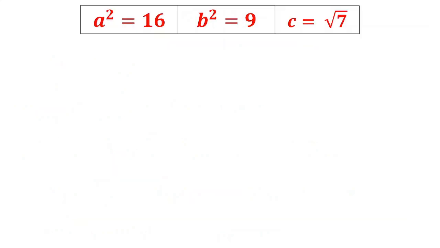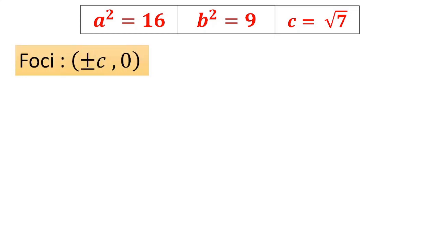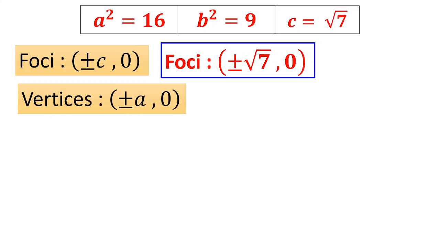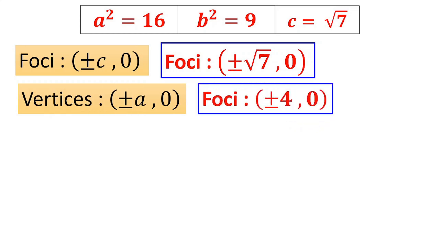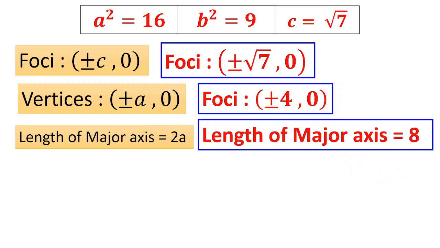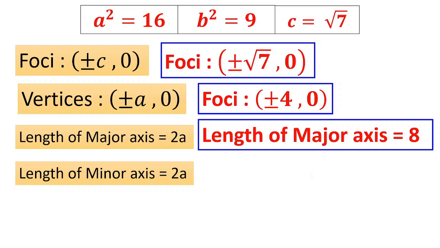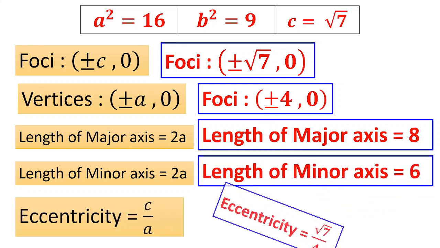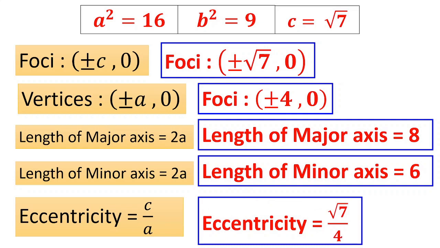Let us try to answer all the questions at a stretch. Focus is plus or minus c, 0, therefore plus or minus √7, 0. Vertices is plus or minus a, 0, therefore plus or minus 4, 0. Major axis length is 2a, therefore 8. Minor axis length is 2b, therefore it is 6. Eccentricity is c by a, therefore it is √7 by 4.